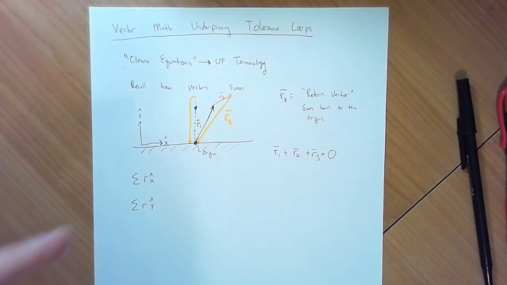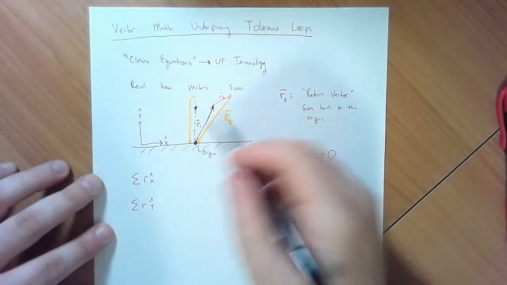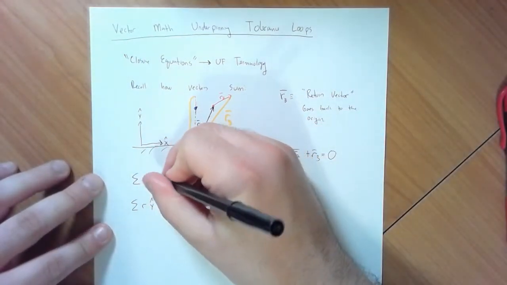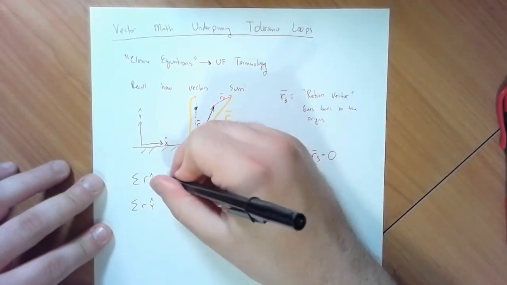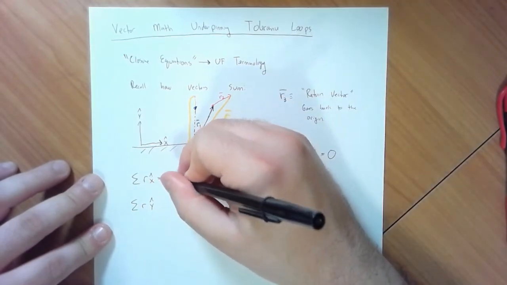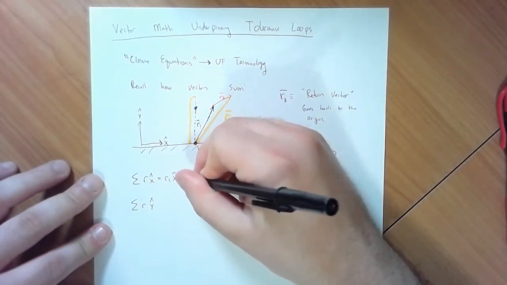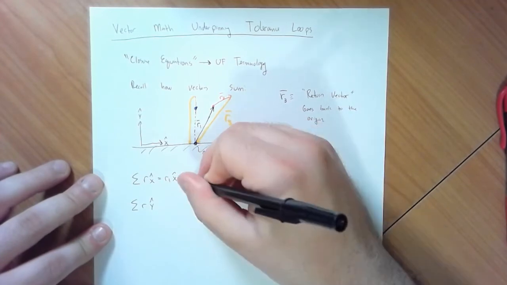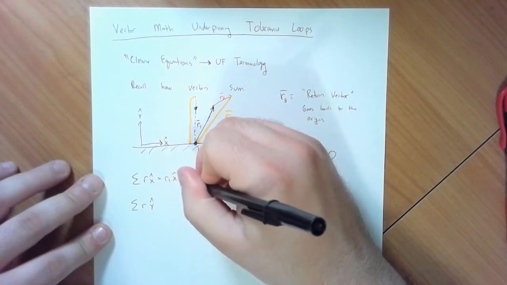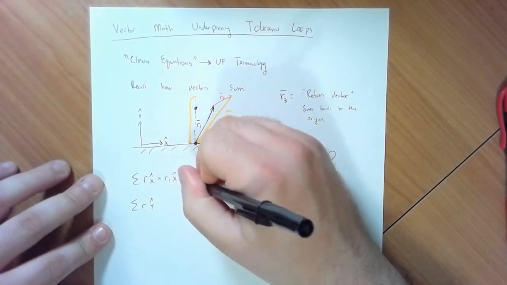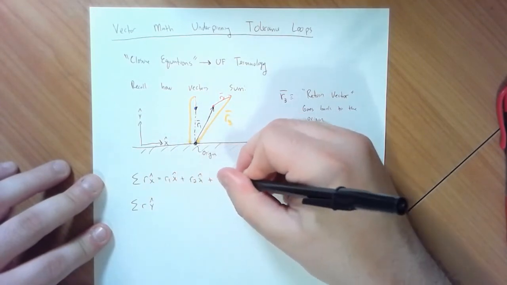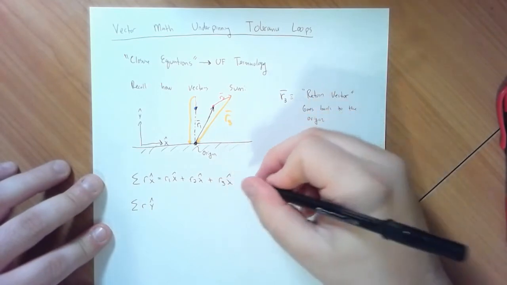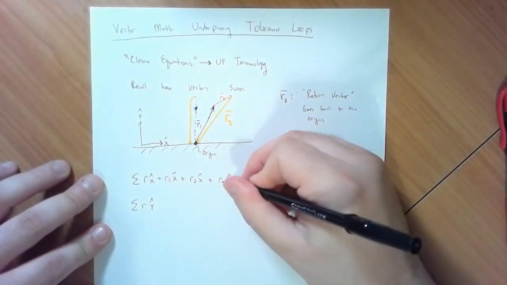So I can do it in the x direction as well, but this is starting to get a little messy, so we'll just do it mathematically. So R1 in the x-hat direction plus R2 in the x-hat direction plus R3 in the x-hat direction. That gives me a sum of 0.